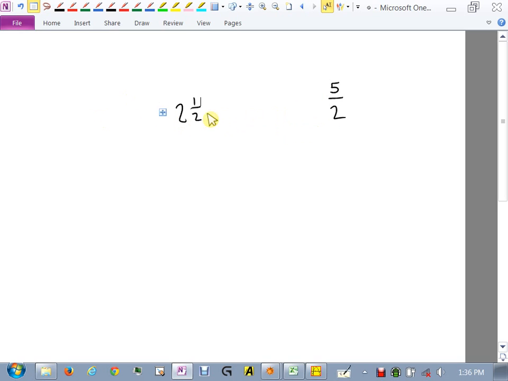So these are the same, right? But we don't use these. We don't use mixed numbers in calculus. Very rarely will you see a problem that has a mixed number in it. And mostly because people lose sight of the fact that 2.5 really means 2 plus a half. So it's like bad notation.